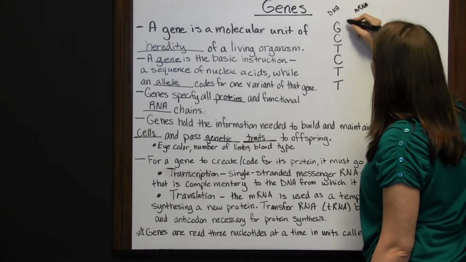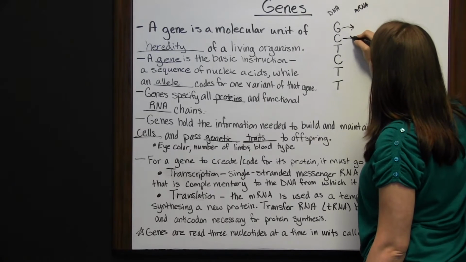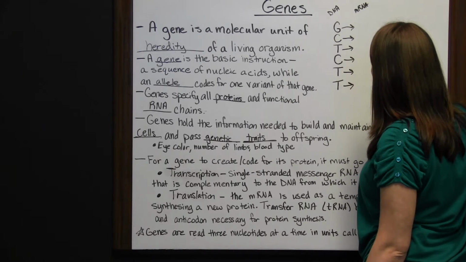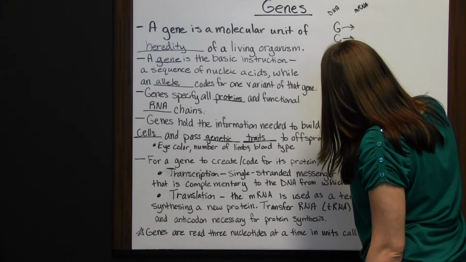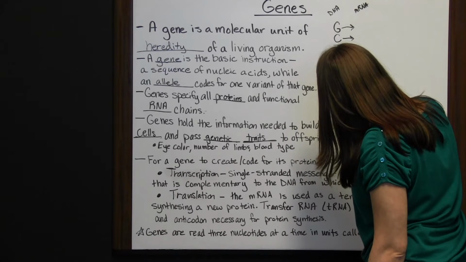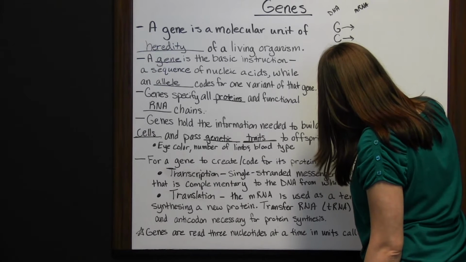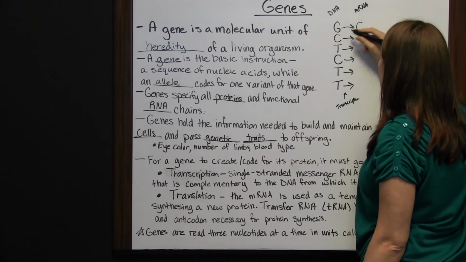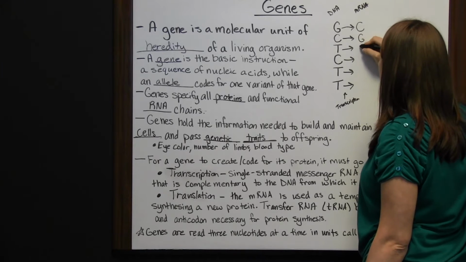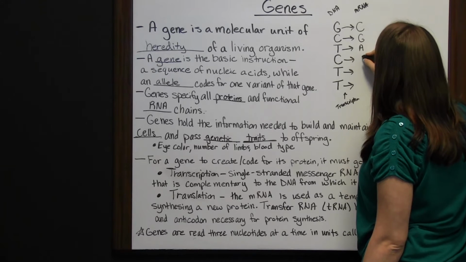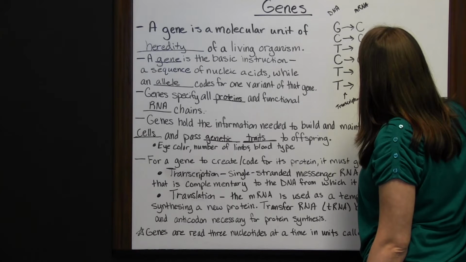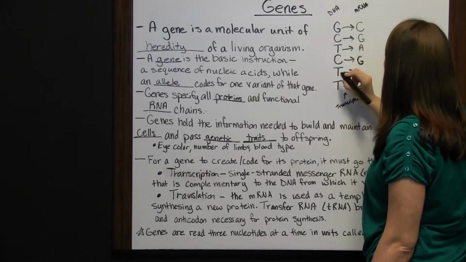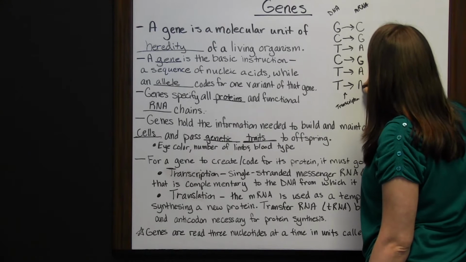So we're transcribing here, and each base must be transcribed. So here we've got our transcription. So the guanine is going to transcribe to cytosine, cytosine to guanine, thymine to adenine, cytosine to guanine. There we go. Thymine to adenine and thymine to adenine.